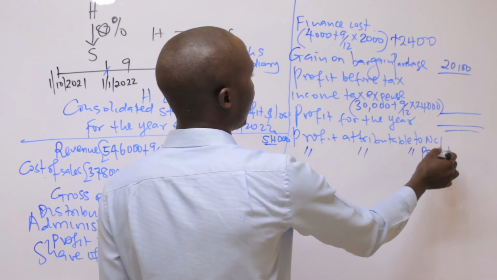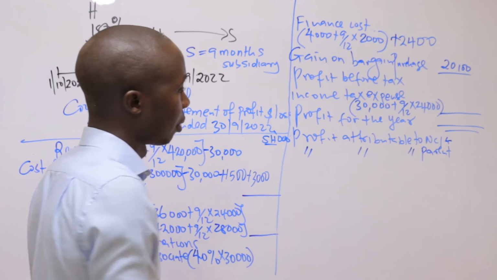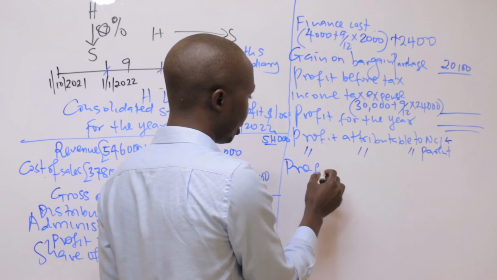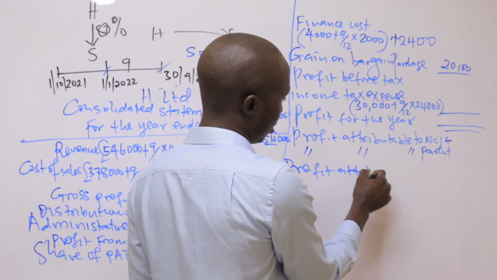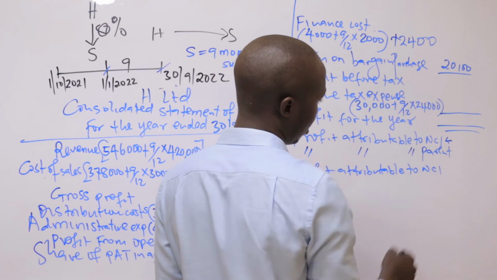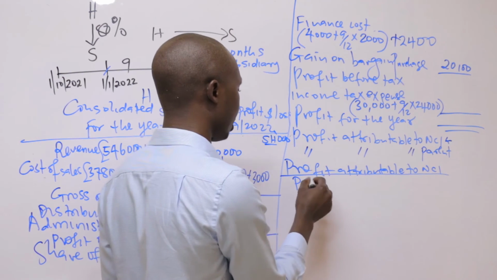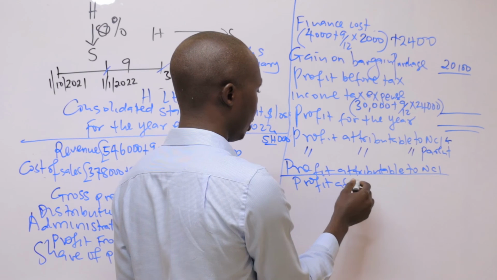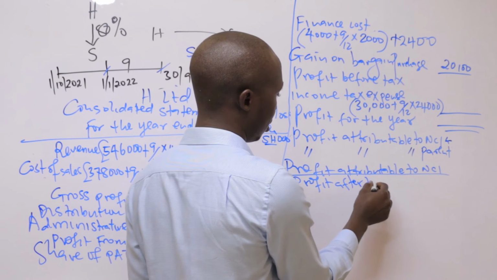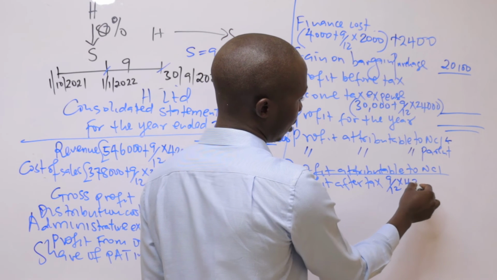For this we have to do our working. We say profit after tax of S, which is 9 over 12 times 42,000.